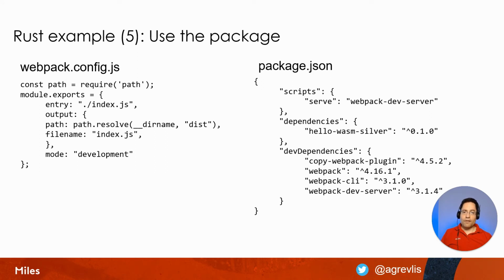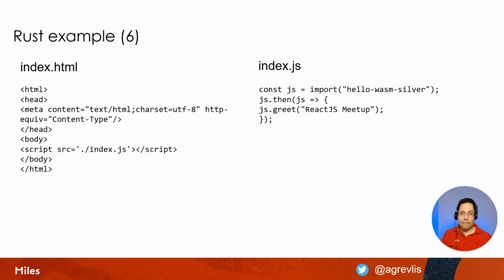So in order for us to use this, we can create a standard webpack config file. We define an entry point, which is an index.js file. And we also have a package.json where we just have a dependency on our Hello WASM Silver npm package. Then we have an index.html file where we refer to our index.js file.